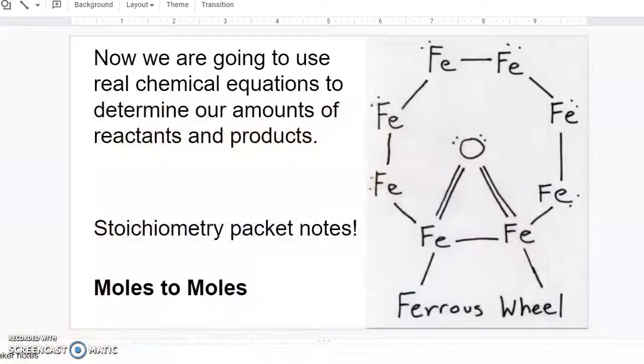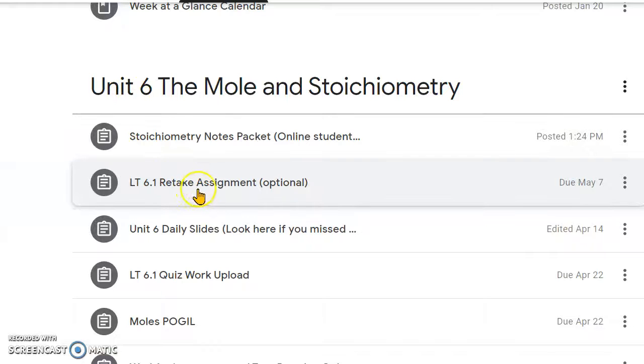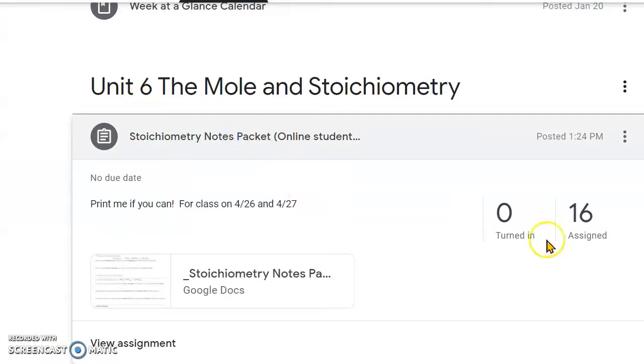If you are not in class right now, you are going to go to Google Classroom, and you are going to print this off. And I would print it off if I were you. If you can't print it off, then just be very careful with taking your notes. You probably are going to want to write down some of the questions that I ask, and that will require you to pause the video and then write down what I'm going over.